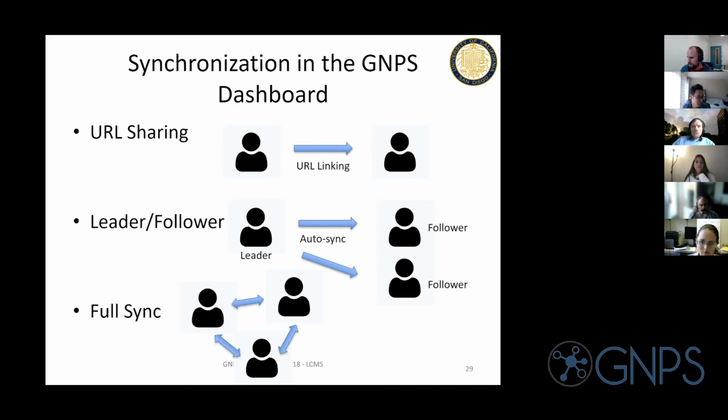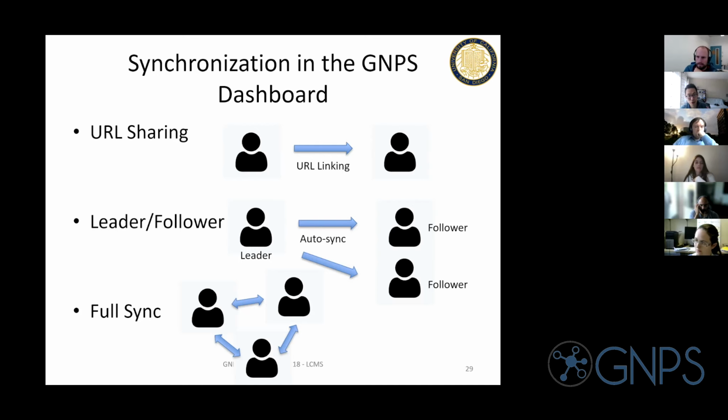The second point is more of a synchronous model. If I do something, I change the visualization, I want you or an audience to see the results immediately. We call this leader-follower synchronization. The best application that we found where it's most impactful is in the classroom.